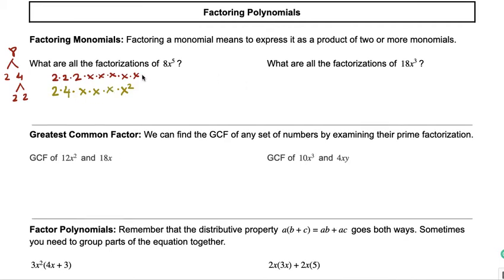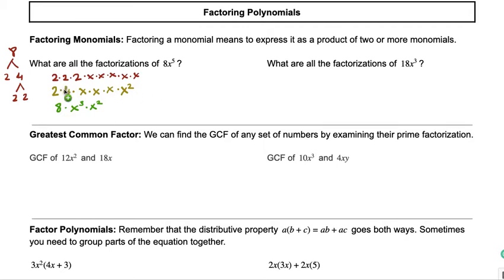So this second one here is a factorization of our monomial 8x to the fifth power. And of course, you could also say 8 times x cubed times x squared. That's a factorization also, it's just not a very useful one.